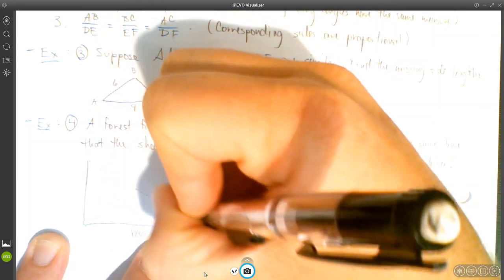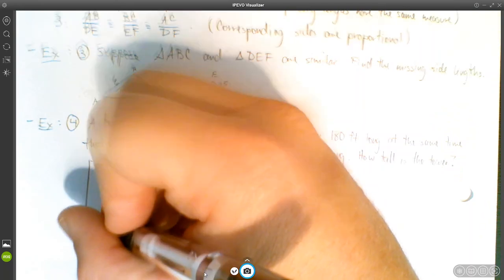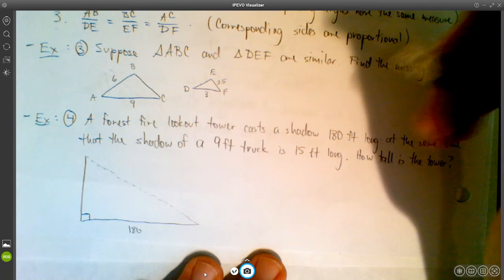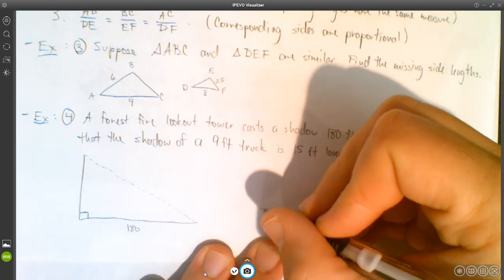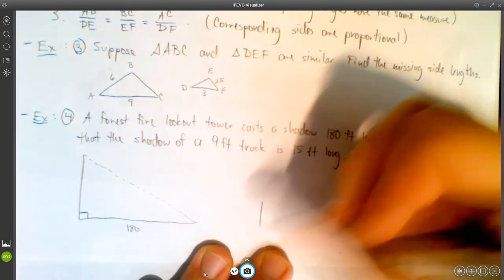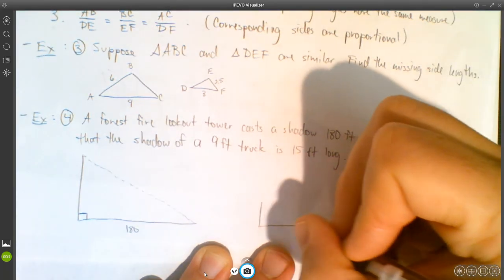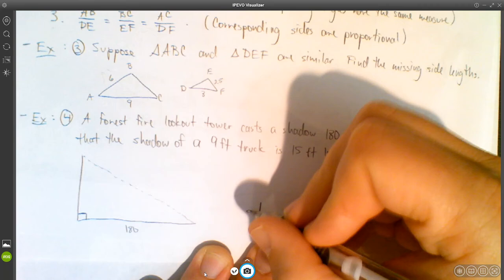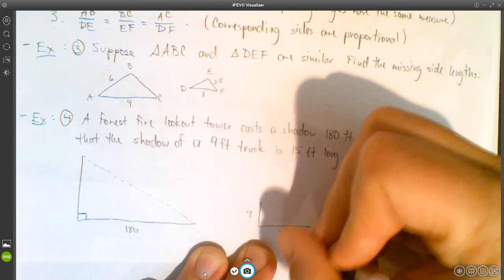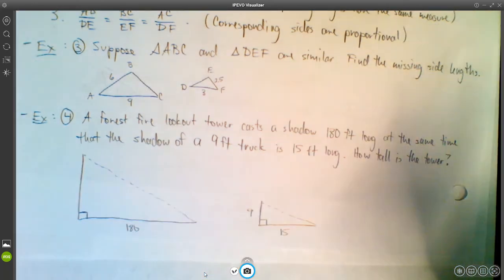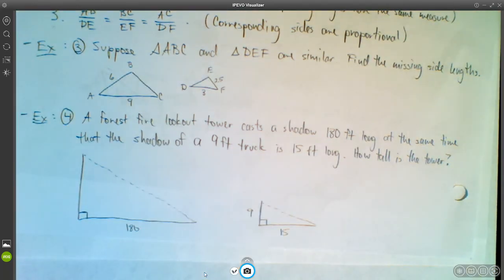And it didn't say anything about this third side, but you can see that it's a triangle. In fact, it's a right triangle. Okay, so that's the tower. Now this happens at the same time that a 9-foot truck casts a shadow that's 15 feet long. So it's a 9-foot truck, and the shadow is 15 feet. Okay? And the question is, how tall is the tower?